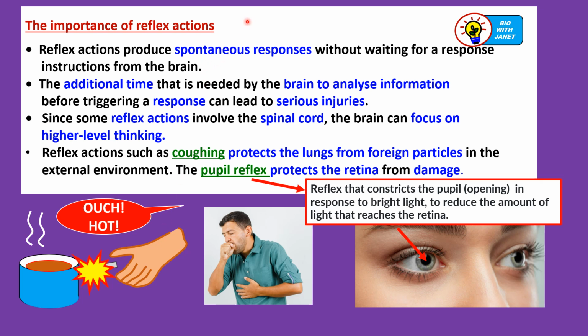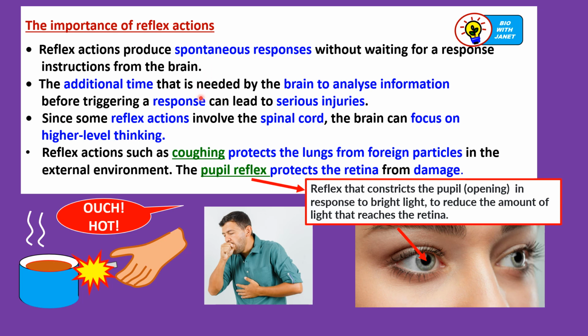Next, we come to the importance of reflex actions. You can be asked, what is the importance of reflex actions? Reflex actions produce spontaneous or automatic responses without waiting for instructions from the brain. The brain doesn't have to think about what to do.